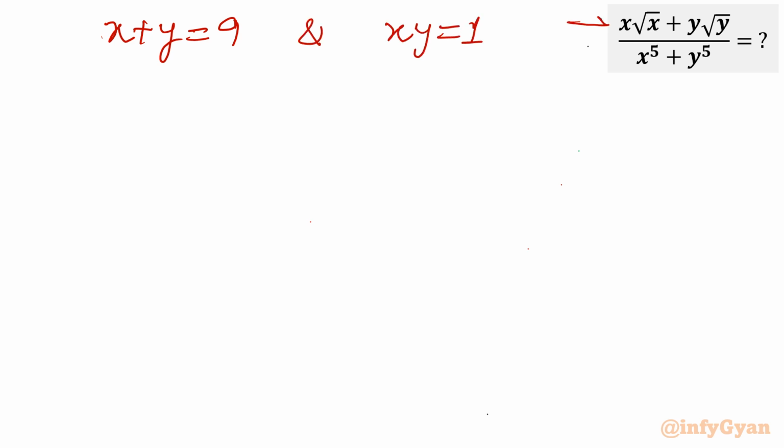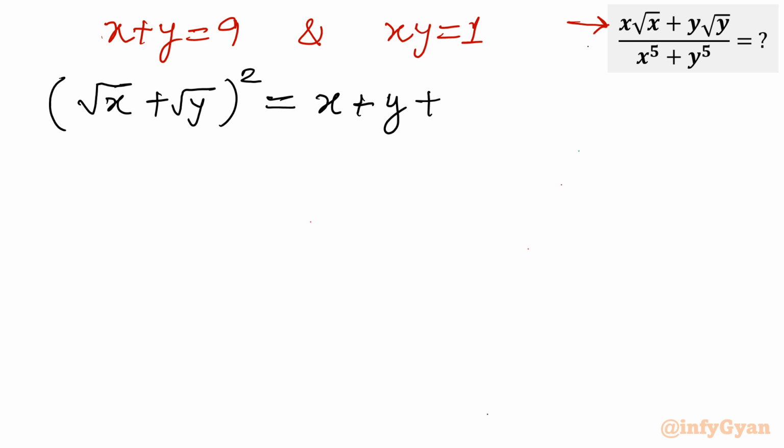Now, as per the required numerator of the expression, we have to find root x plus root y. How would it be? I will write (root x plus root y) whole square and expand it using the algebraic identity: x plus y plus 2 times root xy.